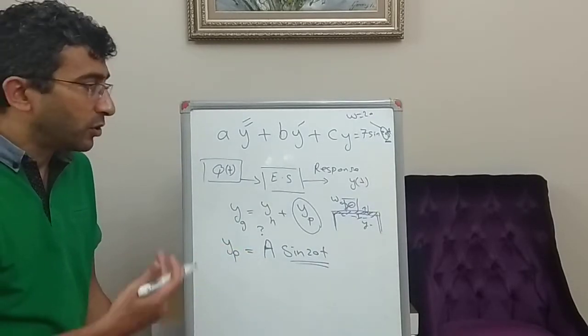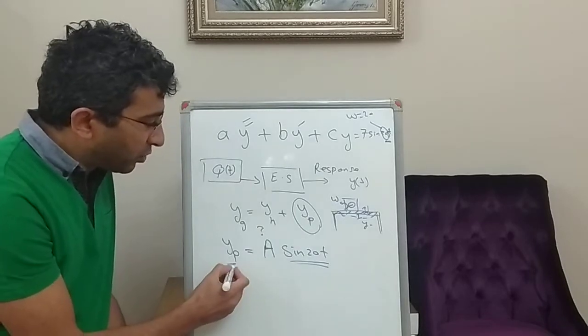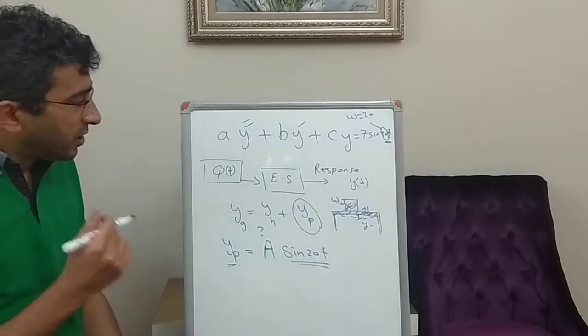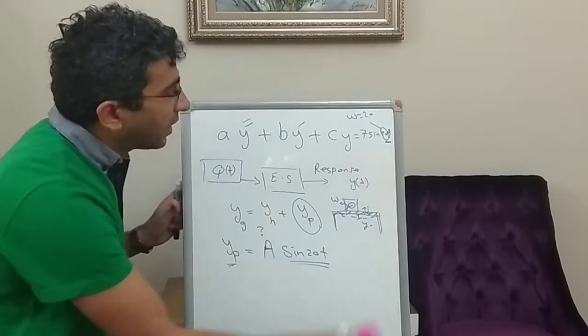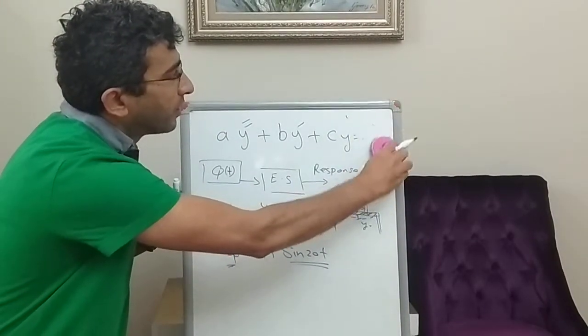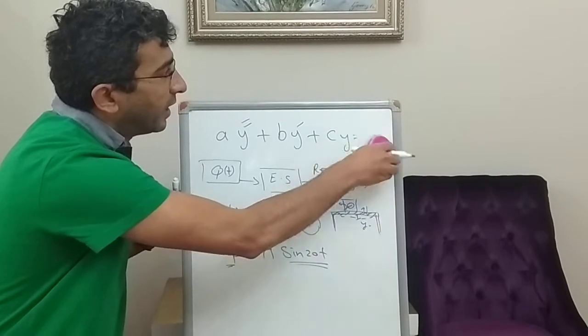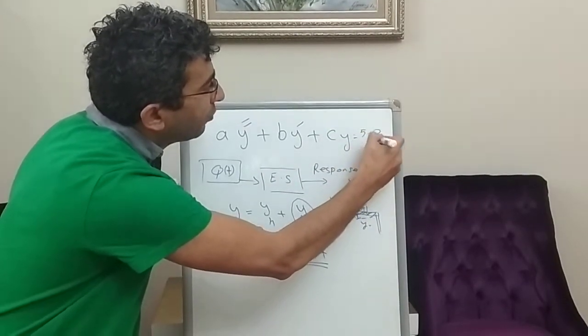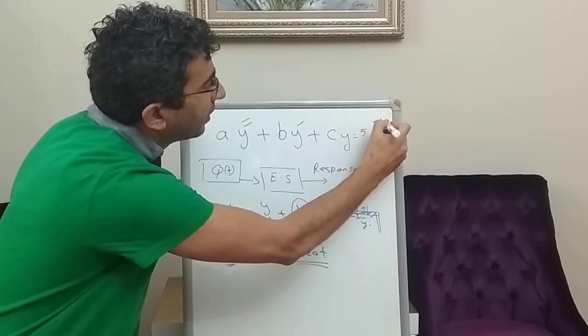We call this the undetermined coefficients method. Usually your particular solution depends on the action function. Suppose that your action function is not sinusoidal, but exponential. For example, you have here 5e to the 3t.